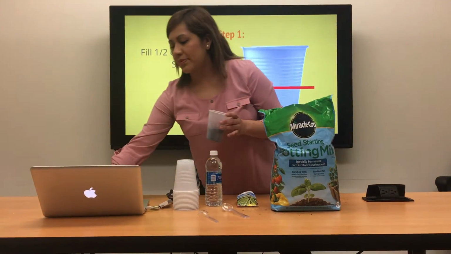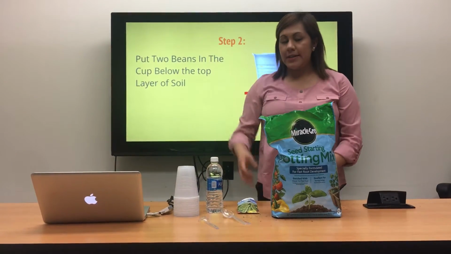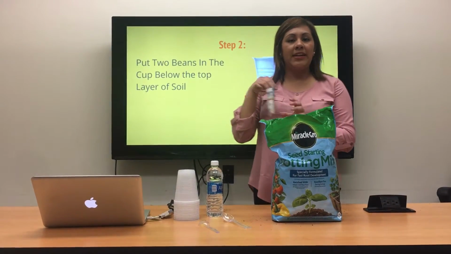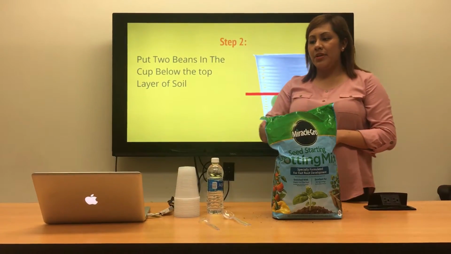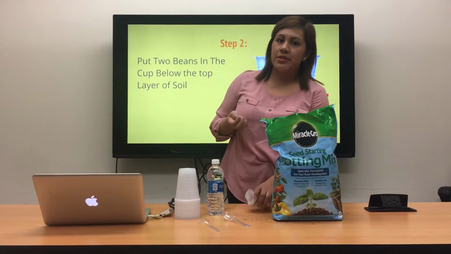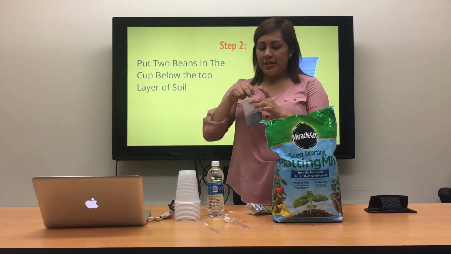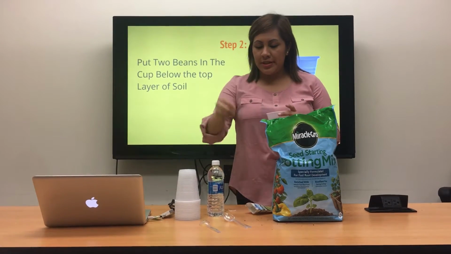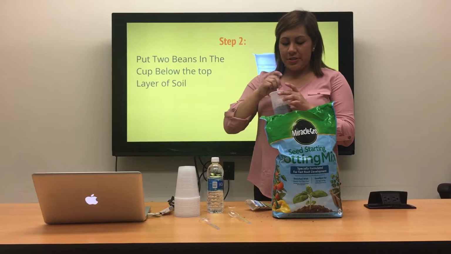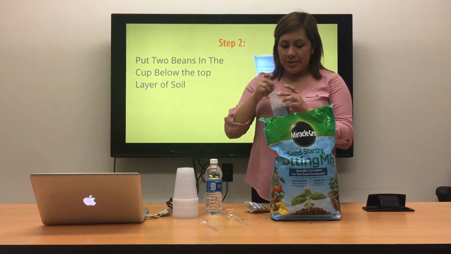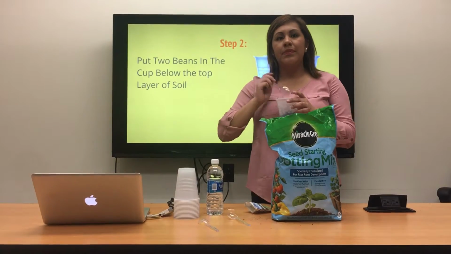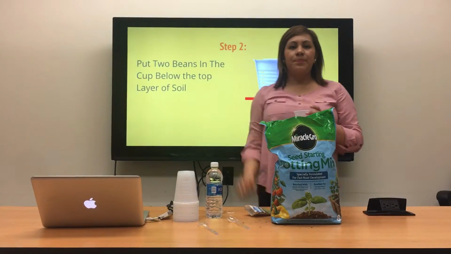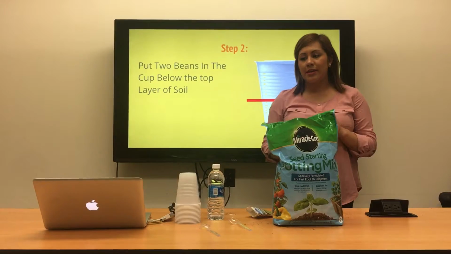Okay, next step, step 2. Now, you all have lima bean packets. I want everyone to get 2, just so everyone can have enough. You're going to get 2 beans, and you're going to put them on your soil. And with your spoon, I want you to push them down underneath the soil, and you can cover them. So thumbs up when you're done. Awesome.